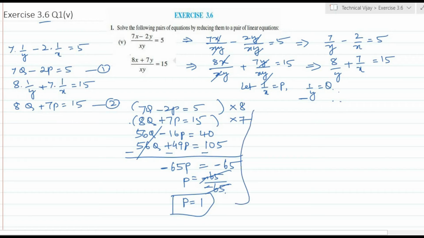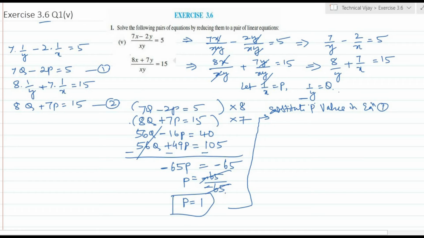So this p value we will substitute in equation 1.